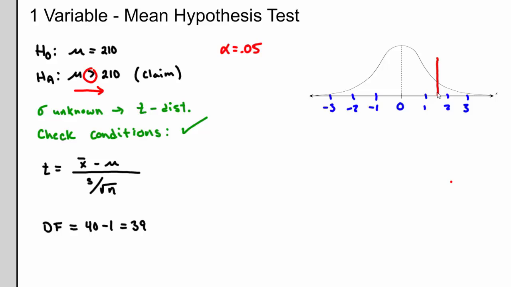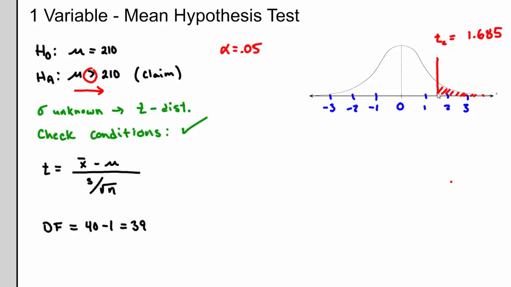And this is a T critical. So this is my rejection region. So if my test statistic lands over there, I am going to reject the null.